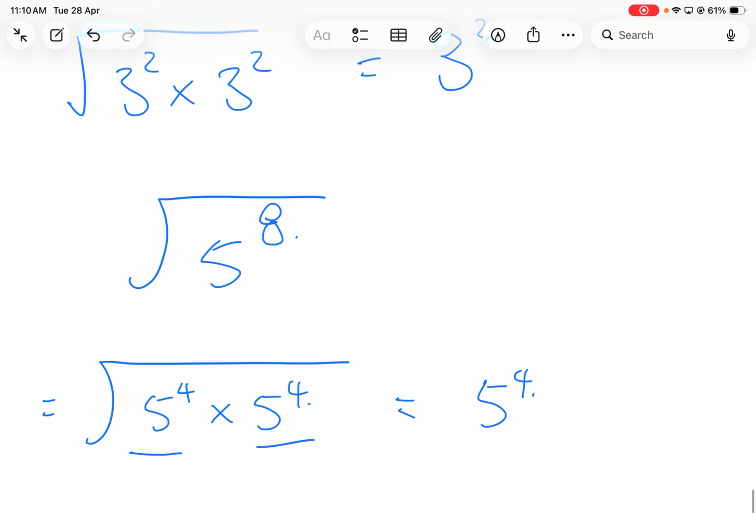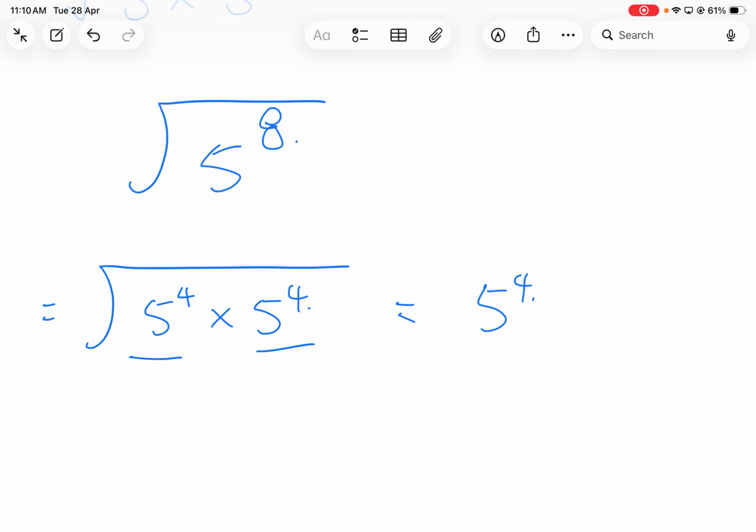Okay? See the pattern? 5 to the power of 8, square root already becomes 5 to the power of 4. Can you all see the pattern of the square root? What happened when I square root and what happened to the power?